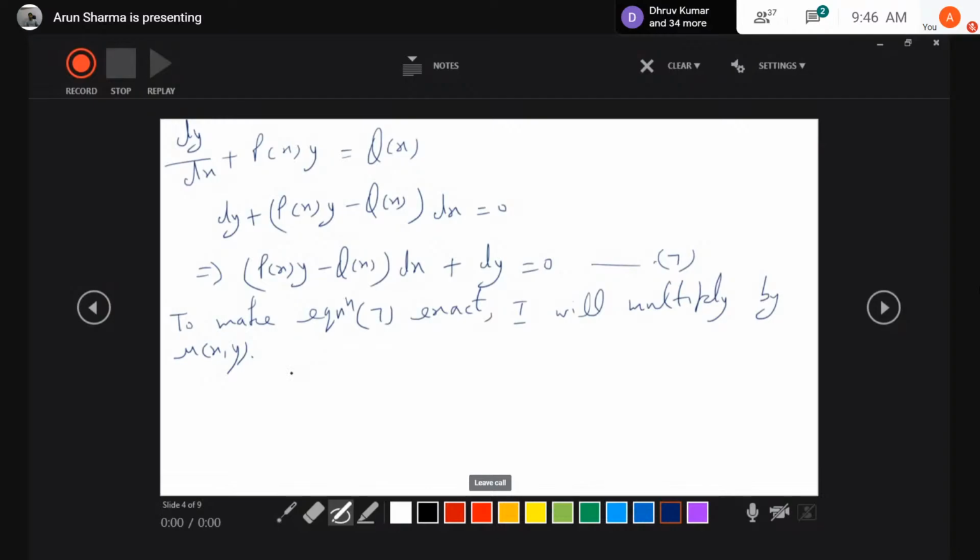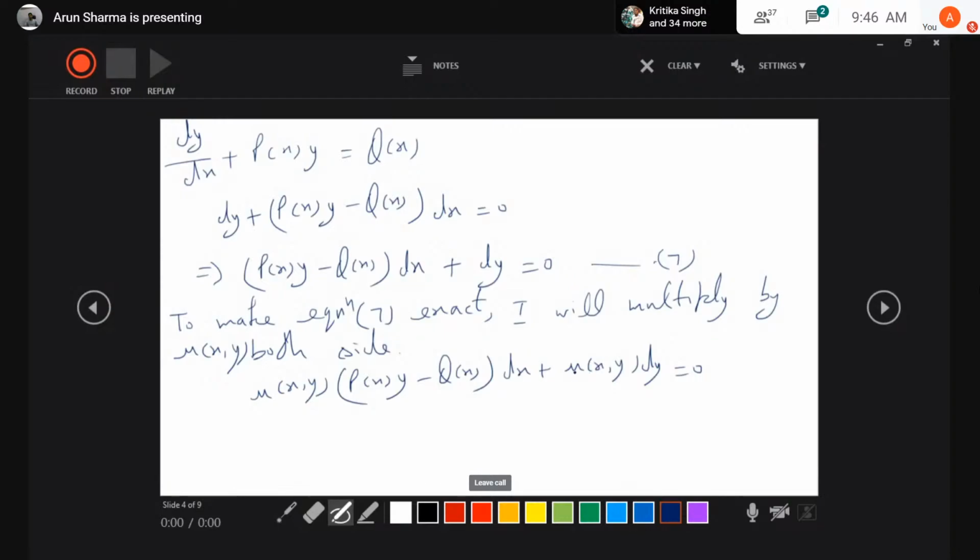So I will multiply by mu(x,y) both sides. So mu(x,y) times (P(x)y minus Q(x)) dx plus mu(x,y) dy equals 0.